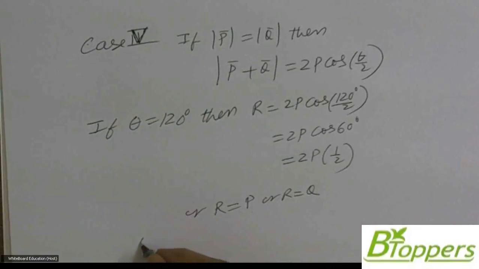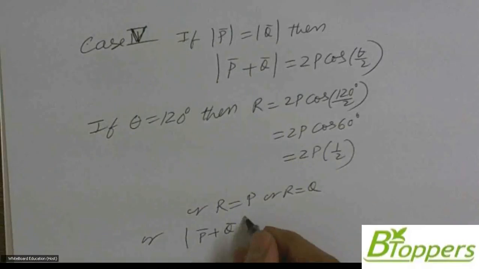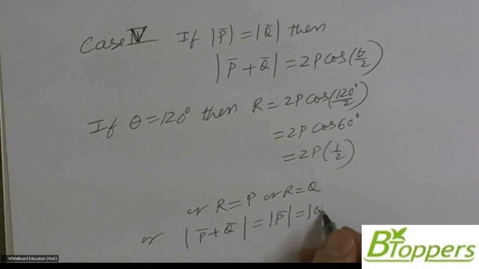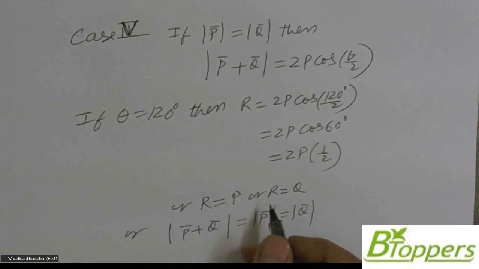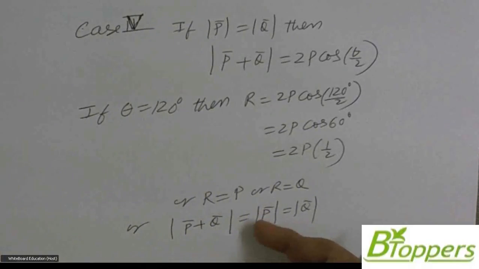That means in this case, the magnitude of the resultant of P bar and Q bar is the same as the magnitude of P bar or the same as the magnitude of Q bar. That means in general, if two vectors P bar and Q bar having same magnitude are inclined to each other at an angle of 120 degrees, then the magnitude of their vector sum or resultant will be the same as the magnitude of one of the vectors.